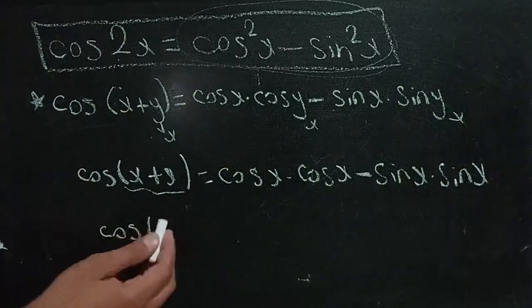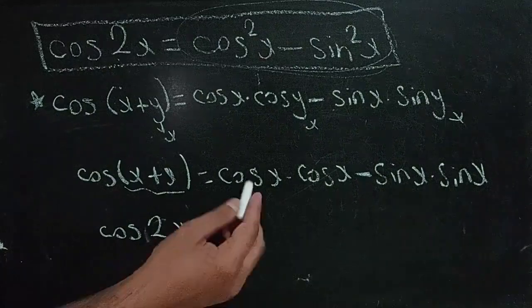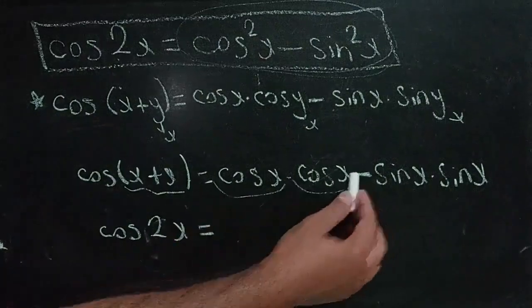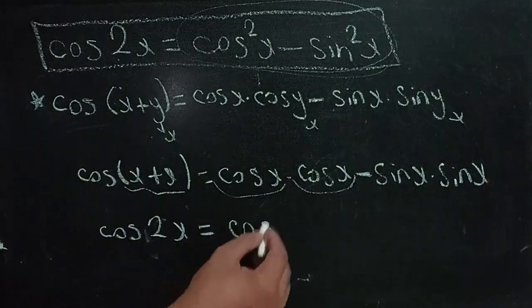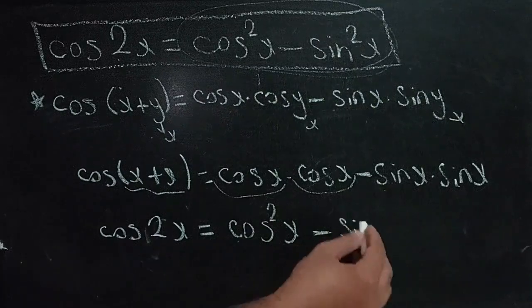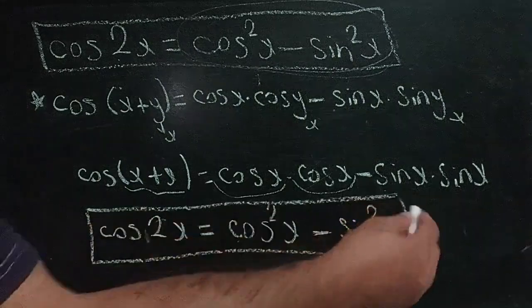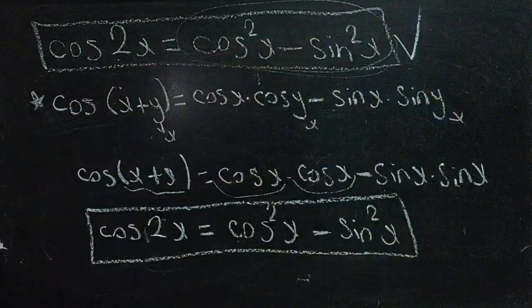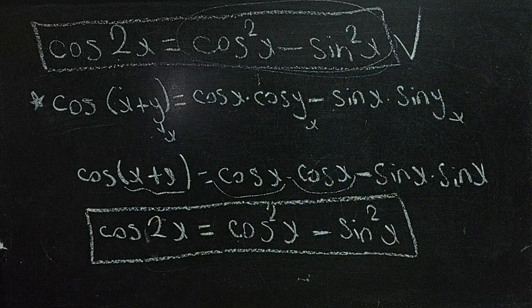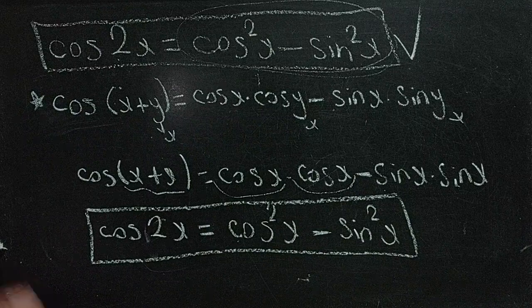Cosinus 2x equals to cosinus x times cosinus x will be cosinus x square, minus sinus x times sinus x will be sinus x square. That will be this identity. So now I proved 2 of them. I'm going to prove 1 more identity for you and then finish the lesson. Let's see what is that.